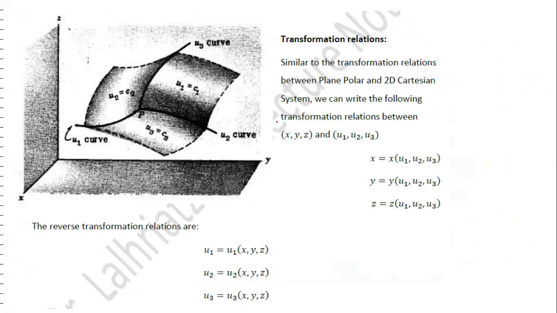You can picture such a system like this. Here, the coordinate surfaces are defined by u1 equal to c1, u2 equal to c2, u3 equal to c3.